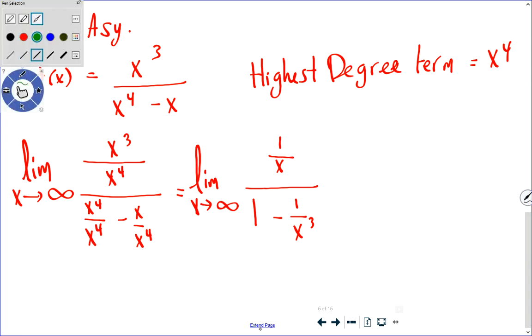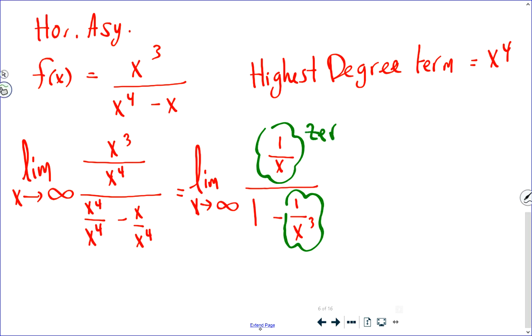And this fraction and this fraction, as x approaches infinity, they will approach 0. The reason they will approach 0 is you're going to be taking a number dividing by an infinitely large number. 1 divided by an infinitely large number will be 0.